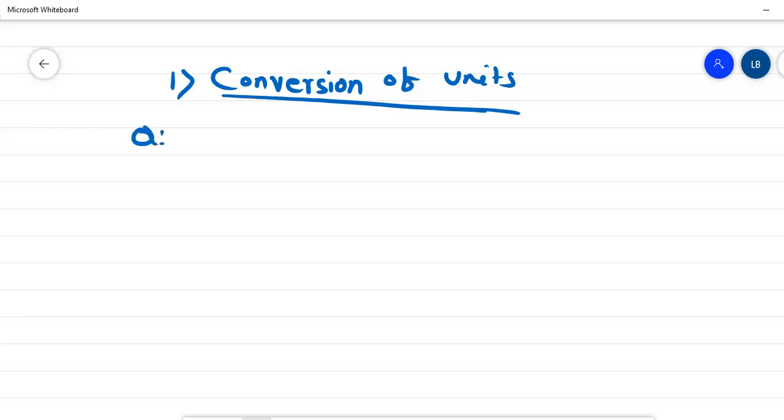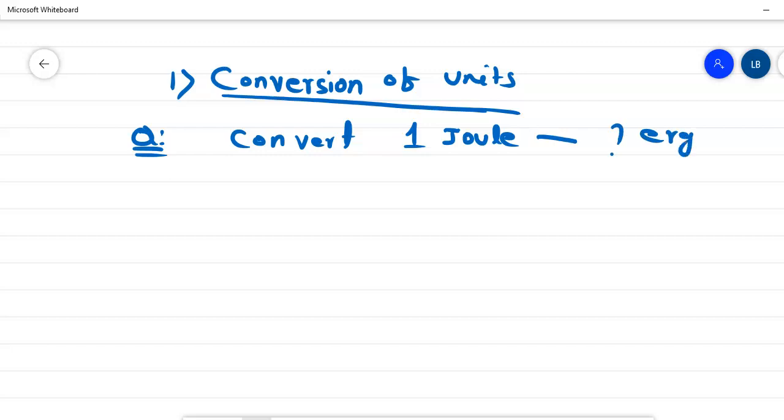The question will be like this: convert 1 joule to how much erg? As you know, joule is the SI unit and erg is the CGS unit. So you have to write like this.